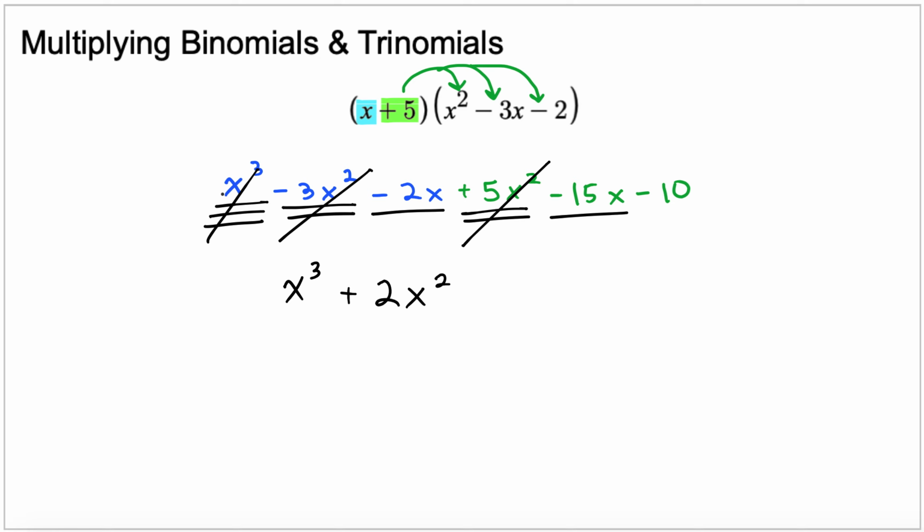So especially when there's so many terms like this, when there's 6 or more terms, I get confused and I want to keep myself from making any mistakes. So I have -2x minus 15x, which is going to give me -17x. And then last but not least, I have this -10.